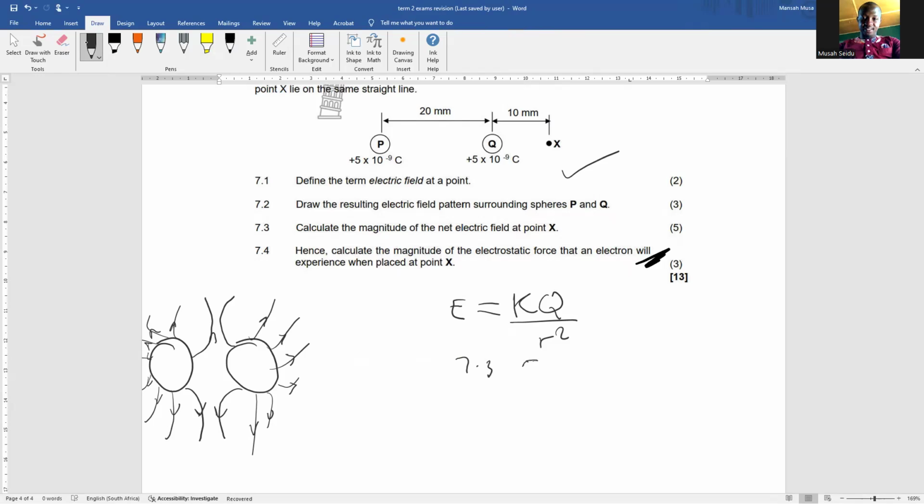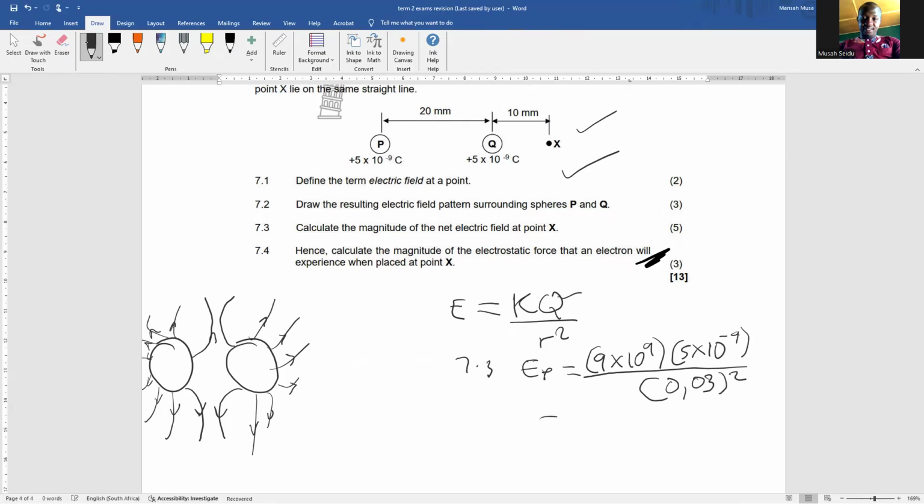We take our electric field at point P, and our point in space is the point X. So when we consider the two points P and Q, we have our K, Coulomb's constant, 9 times 10 to the power of 9, and the Q is the charge, which is 5 times 10 to the power of negative 9, all over the distance, which is 30 millimeters. 30 millimeters is the same as 0,03 squared.